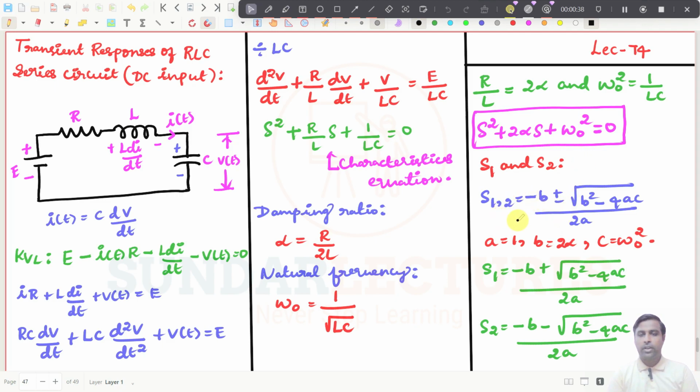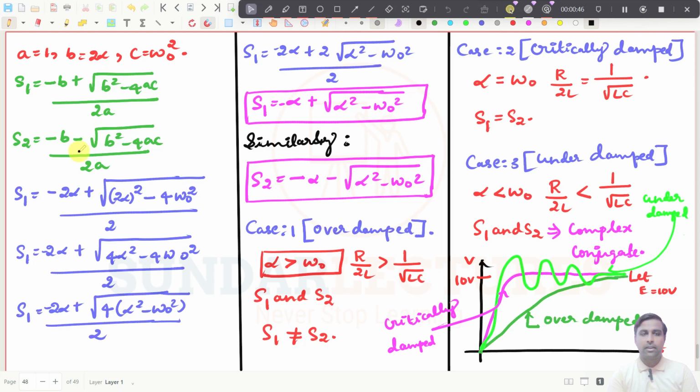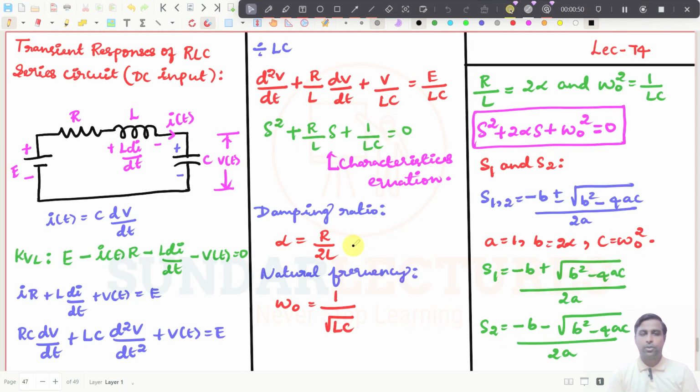If I substitute the quadratic equation formula, I will get S1 and S2 like this, and if I further simplify this, I will get an equation like this, right? So here we have assumed two things, one is alpha and one is omega. What is alpha? Alpha we are taking to be the damping ratio, and omega we are taking to be the natural frequency, right?